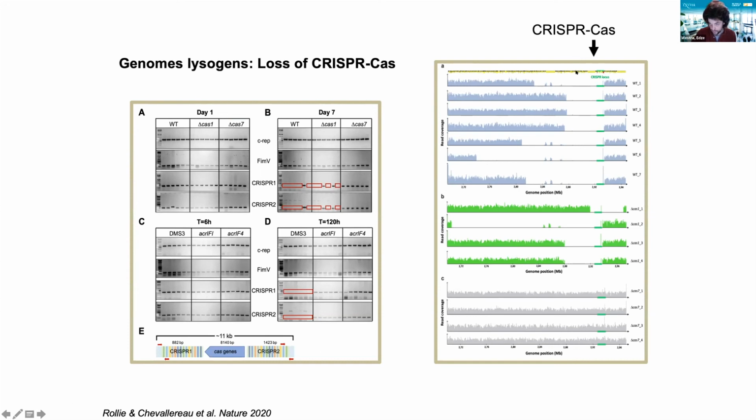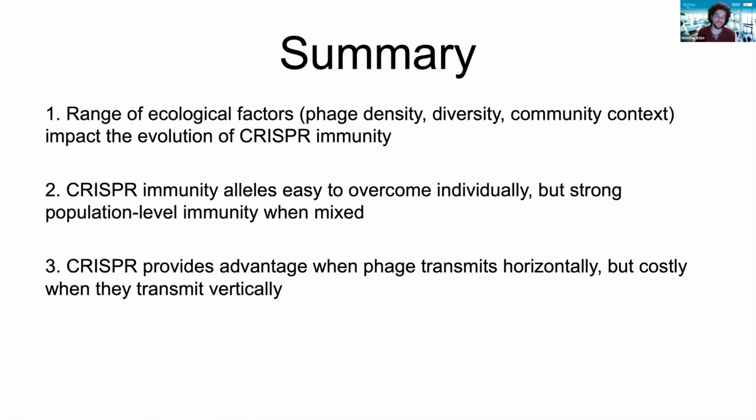And this is whole genome resequencing data, and it shows that the CRISPR-Cas immune system has been deleted from those strains. Bioinformatics analyses show that the likelihood that these events occur is very high in natural settings. We find that Pseudomonas aeruginosa very frequently interacts with these types of temperate phages, and that this can, in many cases, result in those maladaptive effects of CRISPR-Cas, and that CRISPR-Cas can therefore be lost very frequently.